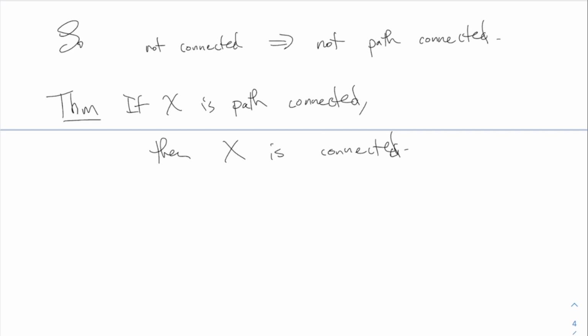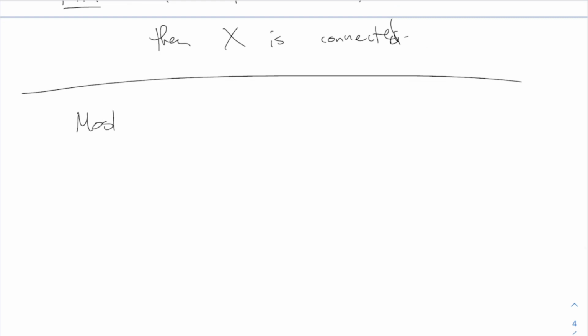Now I don't want to go through everything that we've talked about connectedness, but you can take any theorem you've ever heard of about connectedness and try to do the same thing for path connected. So I will just say most theorems about connected are also true of path connected.